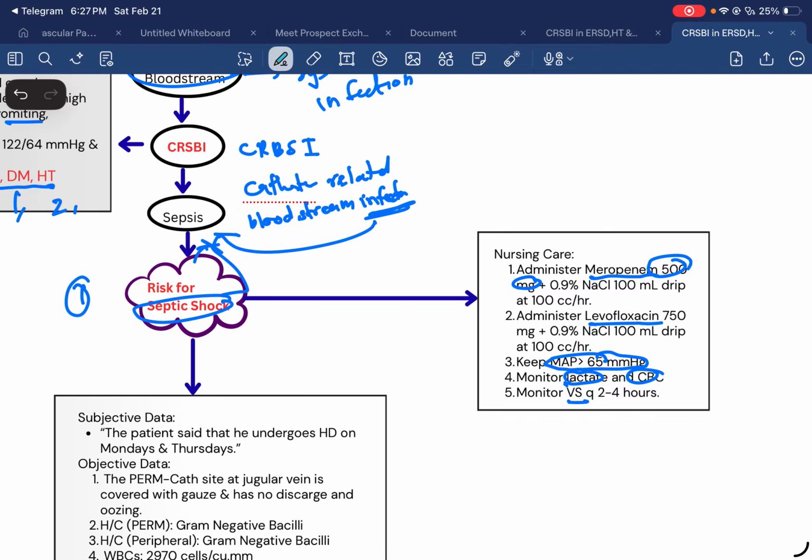We need to monitor lactate especially because an increase in lactate indicates decreased tissue perfusion.